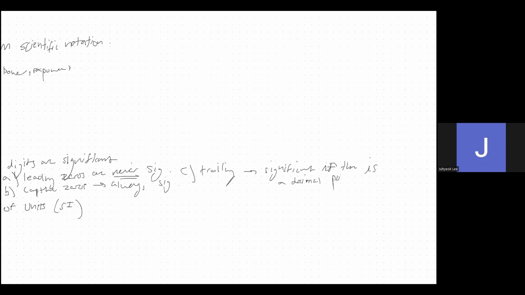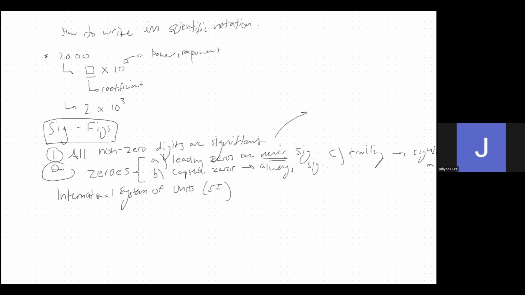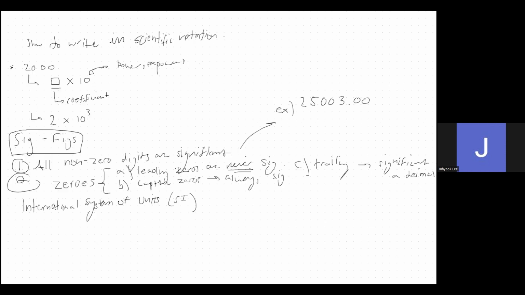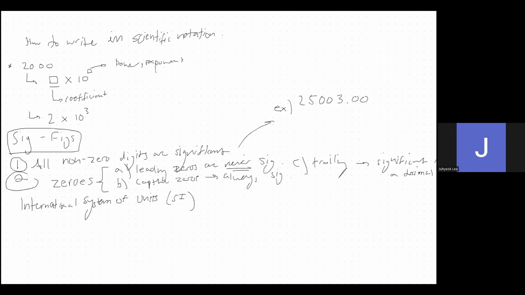So what does this all mean? Let's do an example to find out. Let's take the number 25003.00. Well, we know that all non-zero digits are significant.